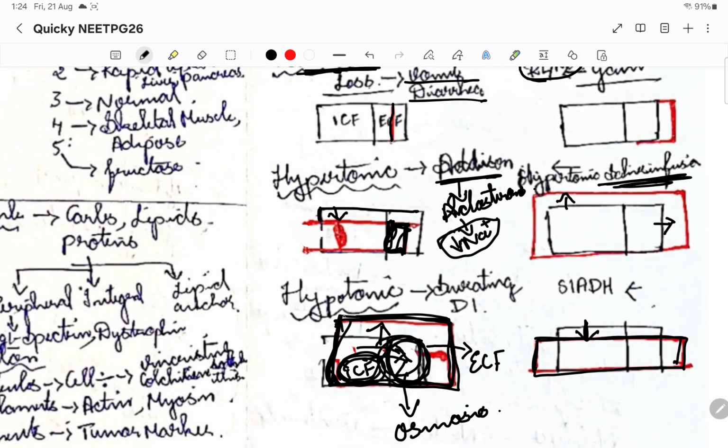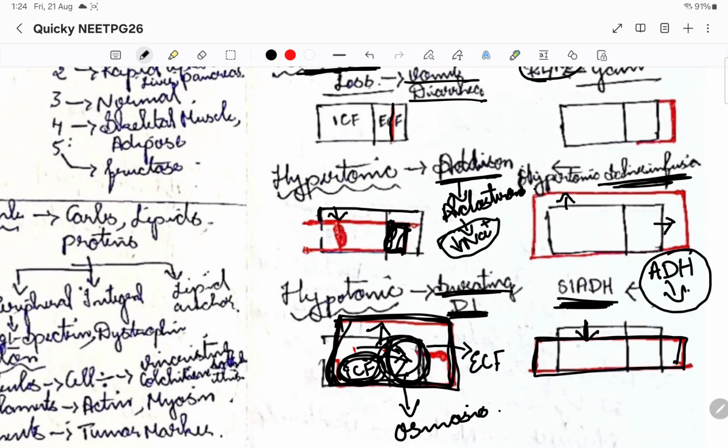Okay, then coming to hypotonic loss, it is sweating or diabetes insipidus. Diabetes insipidus is nothing but losing fluid, right? We are losing fluids in our urine, so it is hypotonic urine that is being lost. Whereas hypotonic gain is SIADH, where there is excess antidiuretic hormone, so there is no urination, and all the fluids start staying inside the blood or the body.